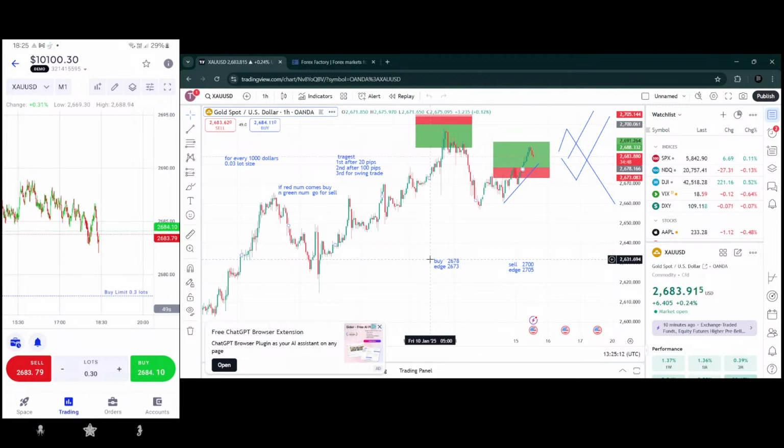For example, the market makes a manipulation spike down as we are waiting for 2678. Everybody will go for the sell side, like the market is crashing, crashing, crashing. Once everybody just pushes the sell button, the market moves another way.